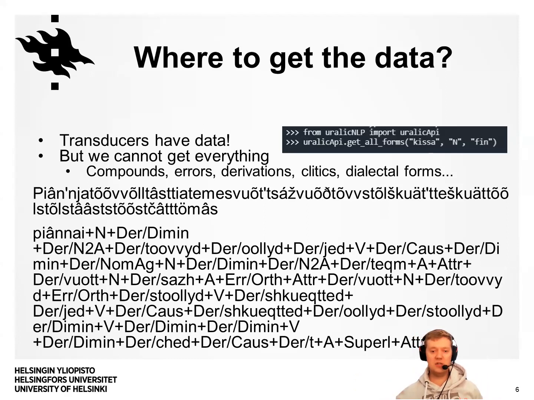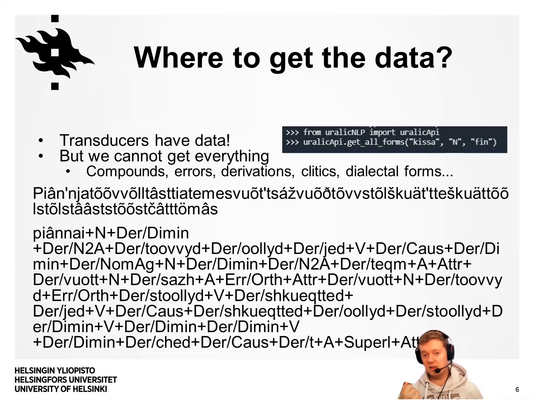This required a little bit of hacking, putting two transducers together with some regular expressions. But in the end, we implemented this in UralicNLP. So you have this get_all_forms. If anyone wants to try it out, you give it a word, its part of speech, and a language, and you get all the inflectional forms out.